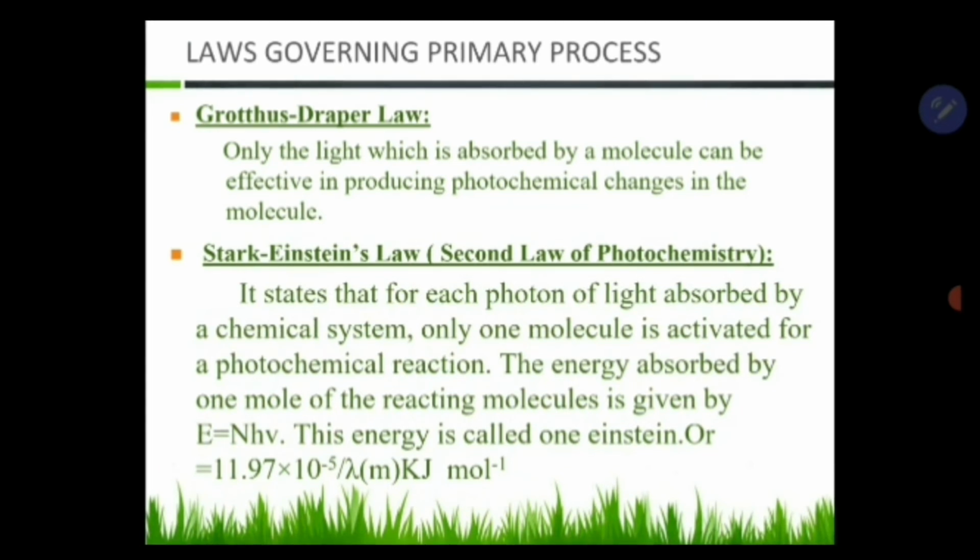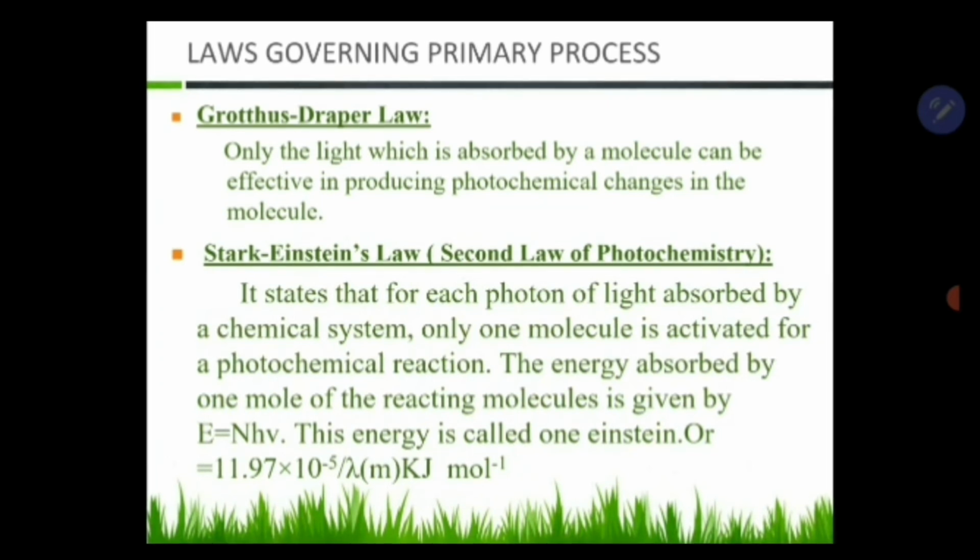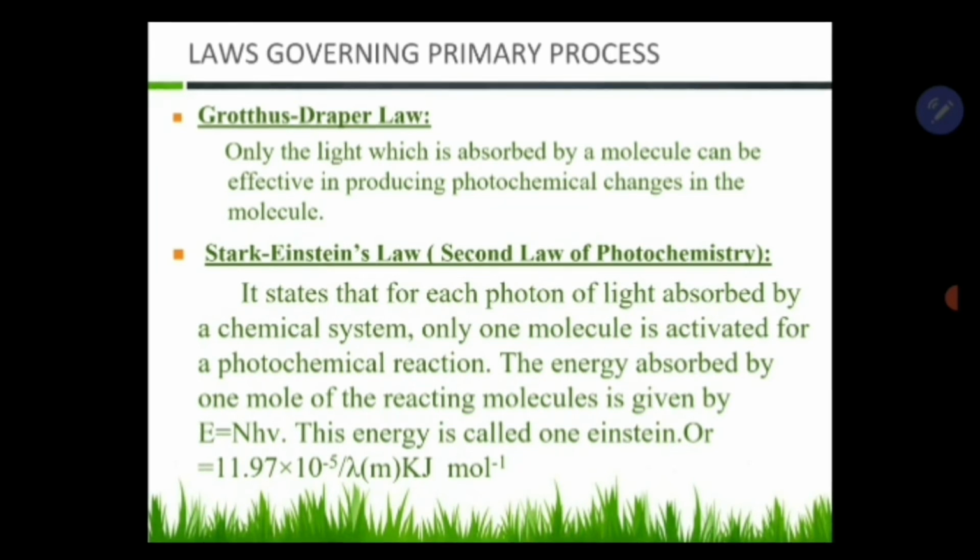So 1:1 ratio. This energy absorbed by 1 Avogadro number of molecules, or 1 mole of reacting molecules, is given by E = N h nu. That energy possessed by 1 mole of photons is what we call 1 Einstein, that is 11.97 into 10 raised to minus 5 per wavelength kilojoules per mole.